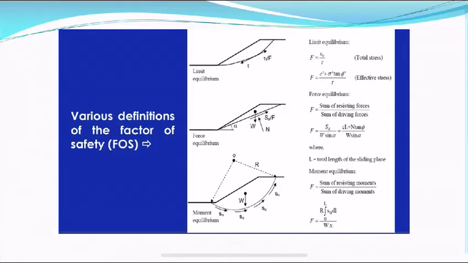At the center of gravity, W into the horizontal distance from the center of rotation, that is x, is called capital W into x. So the factor of safety, in integration form, is equal to R times the integral from 0 to L of S_u into DL, divided by W x.